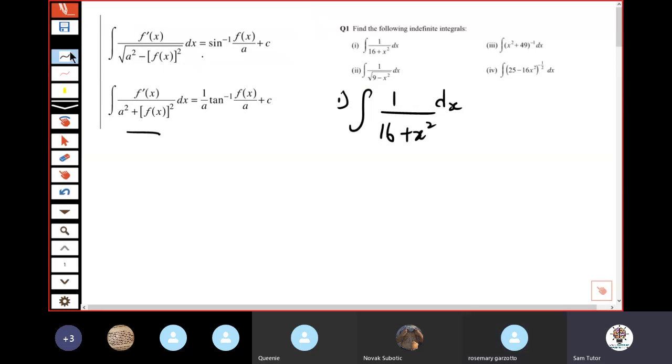Instead of u, what are you going to substitute back in? 9 minus 4x squared. Done. You got yourself pretty much 2 marks. Now in Extension 2 as well. Great work.